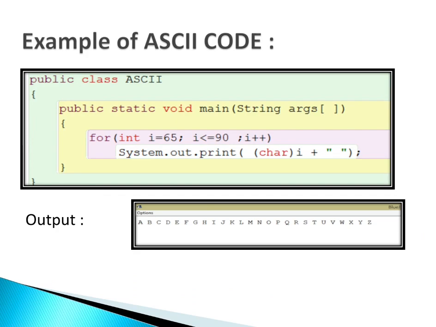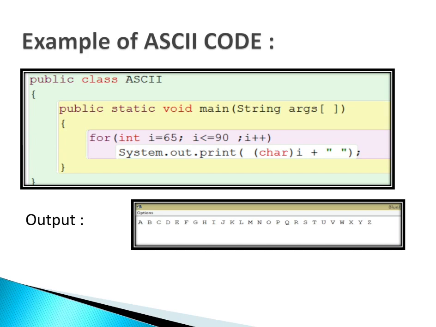But we want the characters present on that ASCII code. That's why I had written char there in brackets. Whatever data type you want to convert into any other data type, you have to write it in brackets. Now I want to convert it into char. That's why I had written char there.